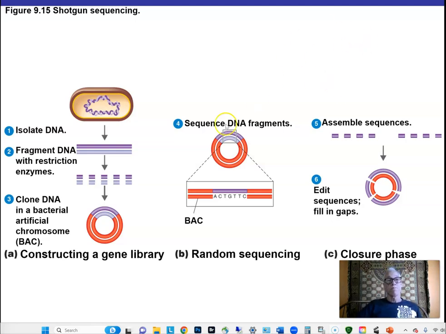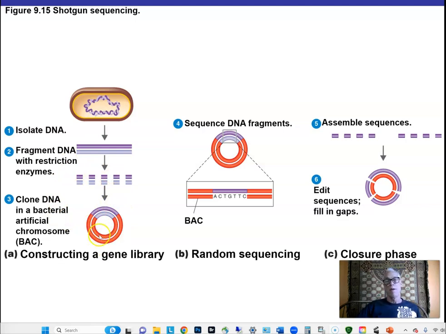First, cut the entire genome right up into fragments. It doesn't have to be the human genome. It could be any species we want to sequence whatsoever. Then we're going to clone all those pieces, just like we talked about before, into a plasmid. In this case, we're going to introduce pieces into individual bacterial artificial chromosomes.